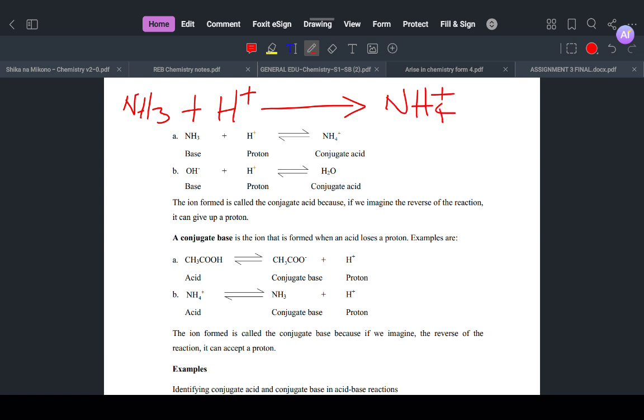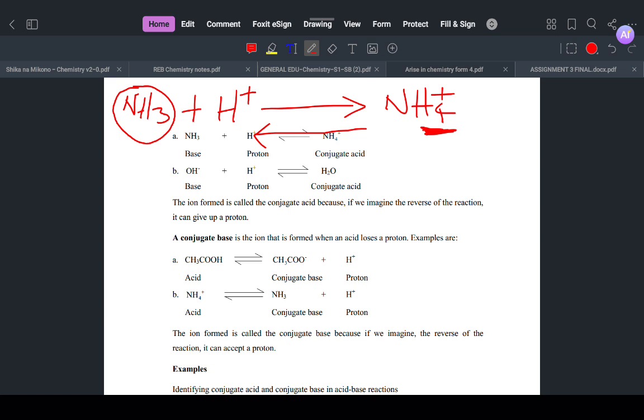We are imagining that if this reaction can go backwards, the ammonium ion will donate the hydrogen that it gained earlier on, and what will remain is the ammonia molecule, which is the base.